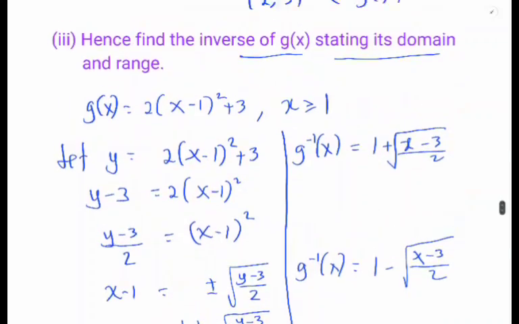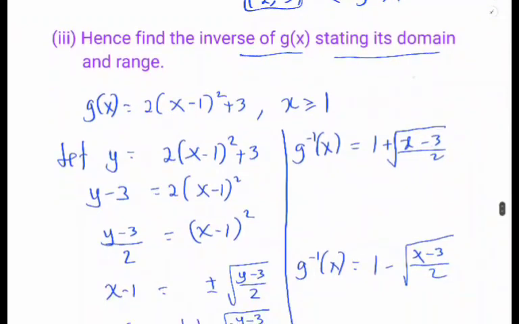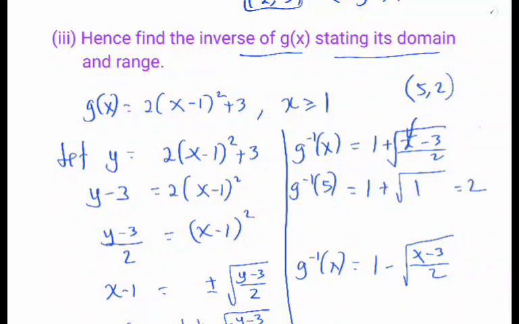So what we do is we test back this value 2, 5. Now we test back 5, 2. Inverse function, right? So g inverse of 5 equals 1 plus the square root of (5 minus 3) over 2, which is 1 plus 1, so this equals 2. So this one satisfies the equation.